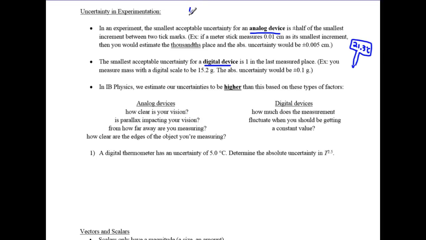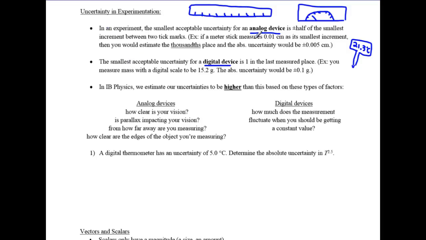Analog devices, though, require a bit more work. A device is analog if it has tick marks. An example is a ruler or meter stick, and another example is anything with a dial, where the dial swings back and forth between different tick marks. So an analog clock is a clock with a seconds hand and a minutes hand.